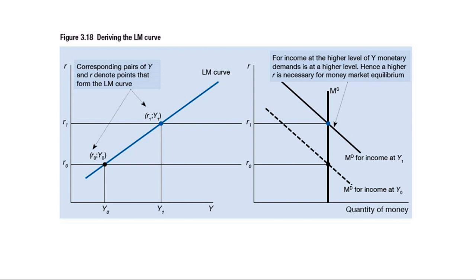Now the logic is that at this interest rate level R1 and the associated income level Y1, you get another equilibrium point. And if you plot these different points, you get an upward sloping LM curve representing all the combinations of interest rates and income where the monetary sector is in equilibrium.